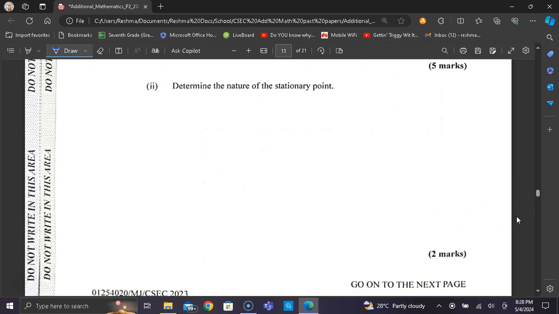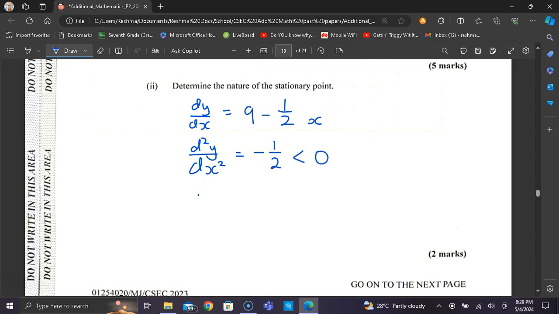So for 2 marks, part 2, determine the nature of the stationary point. To find the nature of the stationary point, we would need to find d2y dx squared. If dy dx is 9 minus a half x, then d2y dx squared, if we differentiate dy dx with respect to x, will be equal to negative a half, which is less than 0.